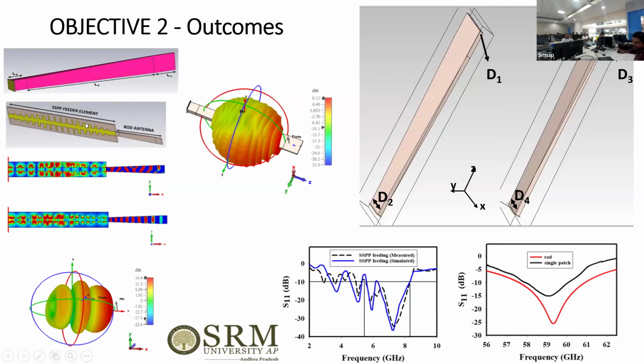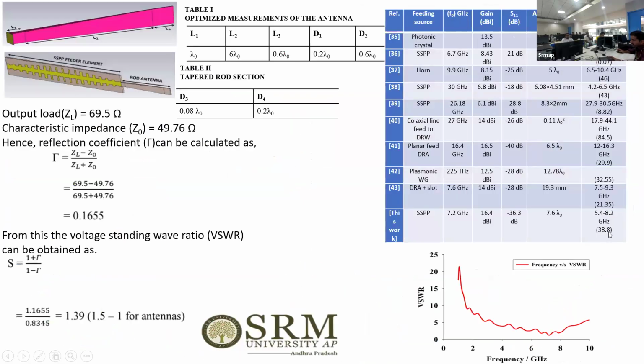But whenever I remove this patch and insert this SSPP feeder element to excite this rod antenna, then I got this value higher, and the bandwidth is also higher compared to the previous one. I got approximately 38.8 bandwidth, which I have listed here, and these are the improvements in my work compared with existing designs.